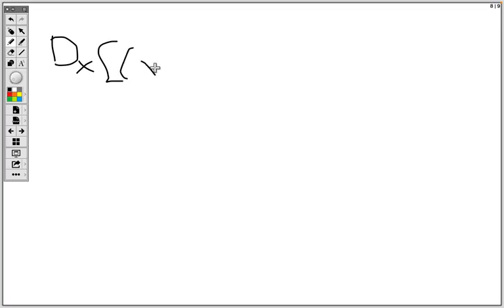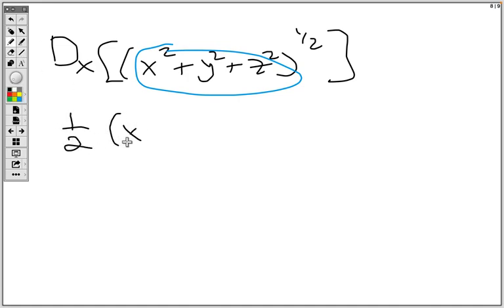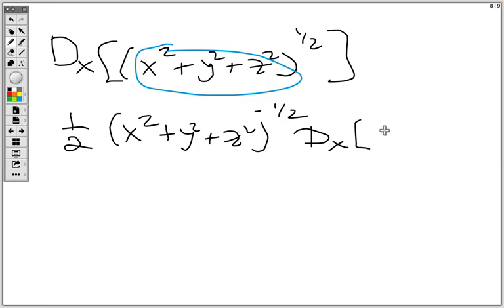So you take the derivative of x squared plus y squared plus z squared to the 1/2 power. You're going to get 1/2 times that something to the minus 1/2 times the derivative of that something with respect to x.